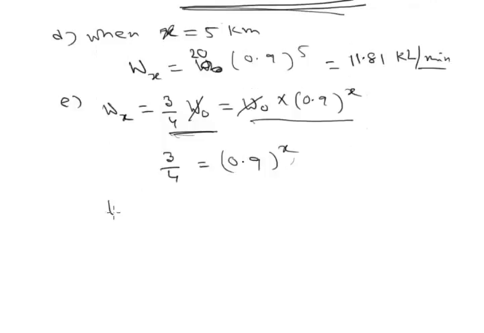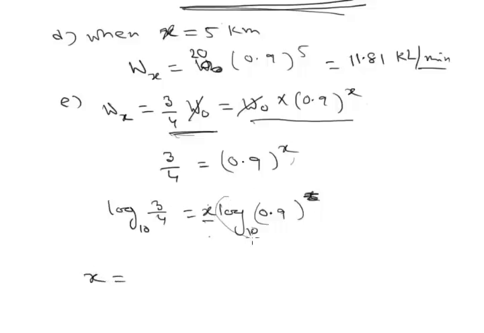If we take log base 10 on both sides, log 3/4 equals log of 0.9 to the power x, and for a log the power x comes out as a multiplication. So from here we can find x.